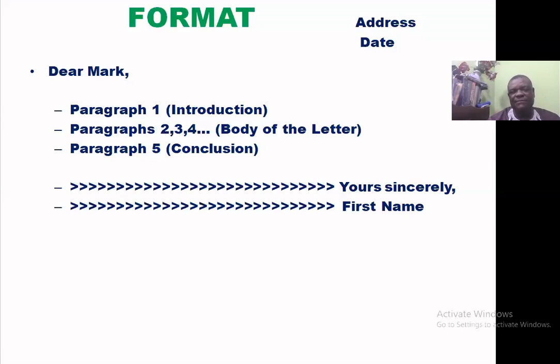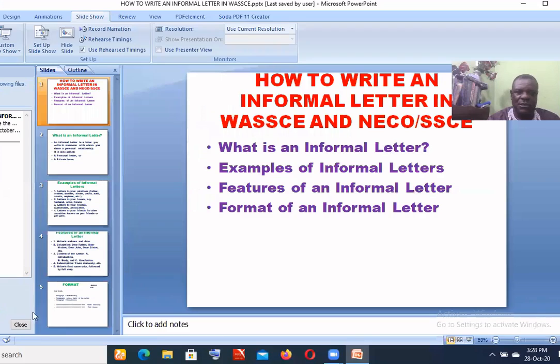If you are writing for an exam, the examiner will specify what you are supposed to discuss in the body of your letter, which of course you introduce in your first paragraph, and then you discuss in detail in the body paragraphs.